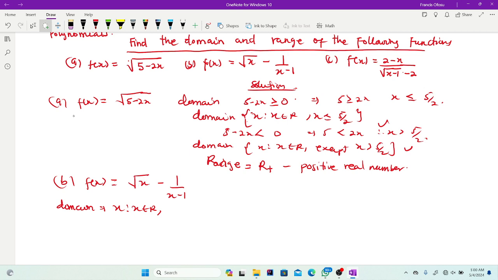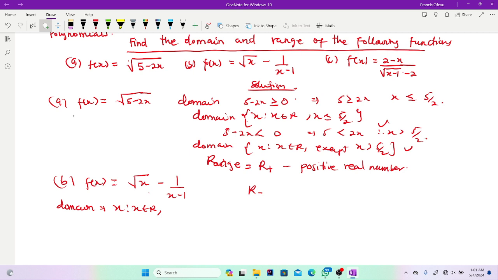Being a radical function, we are only going to accept positive inputs. We don't want any negative inputs. For that reason, we have another form of representing domain by using R plus and R minus, as I said. R minus is going to be a set of negative real numbers, right?